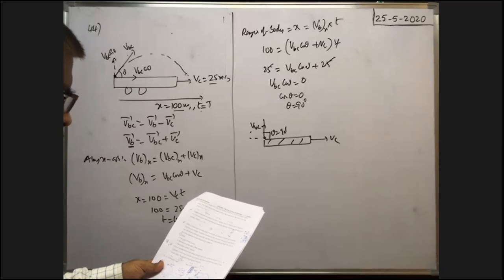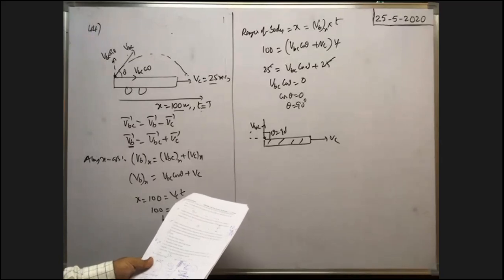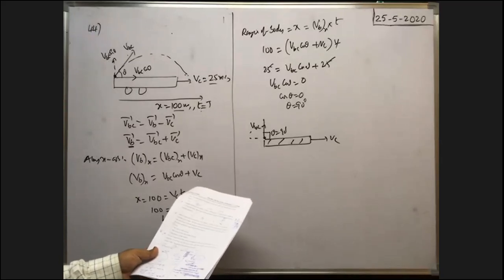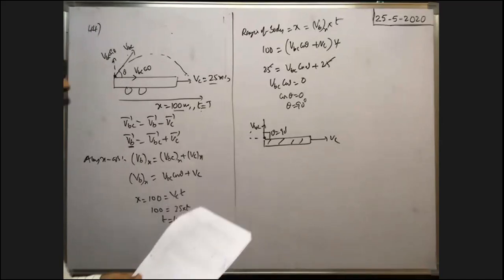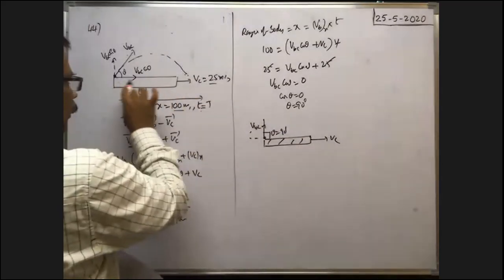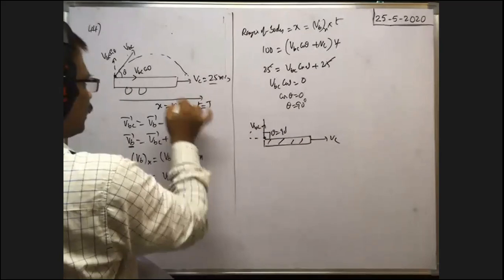Now you see, speed of the projection, with what velocity it is projected. The time taken by the car to travel this much distance and the time of flight of the body, both must be same, no?